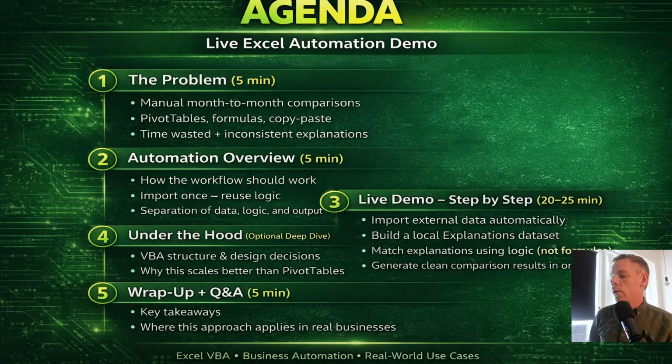Because when you use coding, it's more stable and you can customize it way faster and build outstanding workflows. Then we generate a clean comparison result in one run, and then we'll cover the VBA structure and design, the decisions, and why this scales better than PivotTables.